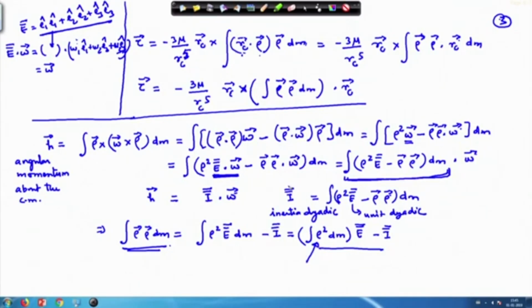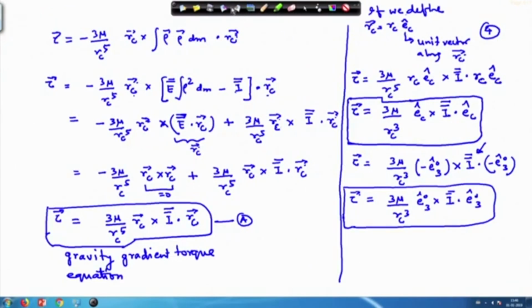This I double bar is written in terms of rho square and the rho vector, and this is a unit dyadic. So, the rho vector, as we have changed it from the R C notation to this notation.